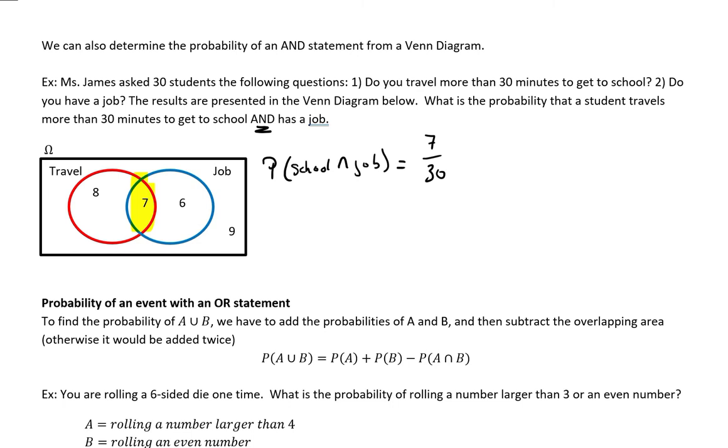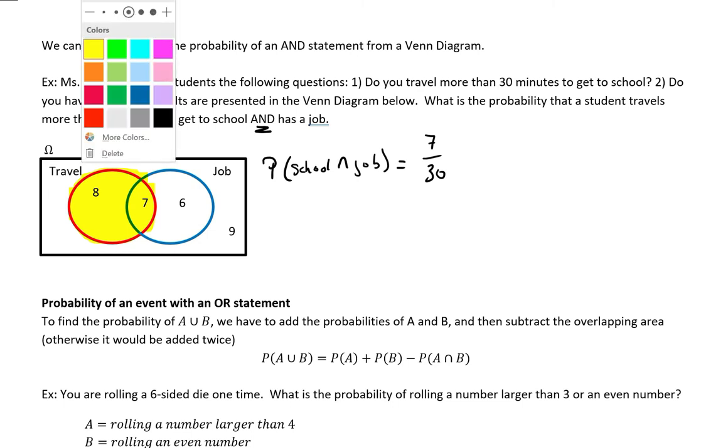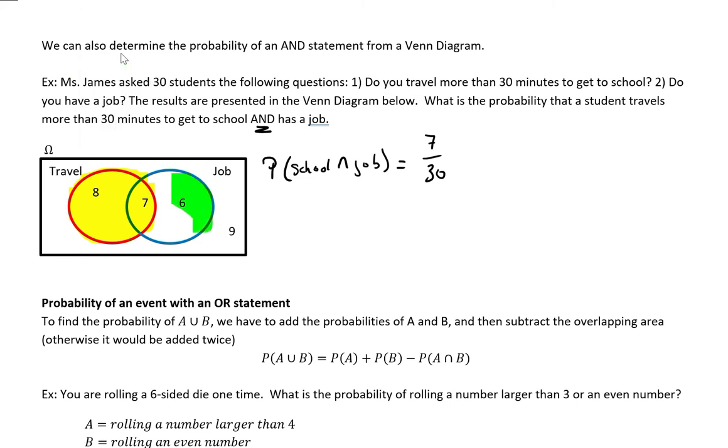Okay, if we take the probability of A, or the probability of travel, in this case, that would be all of this, right? That would be everything that I've highlighted in yellow. That'd be the probability of A. And to that, we would add the probability of B. So what happens if we add the probability of B?